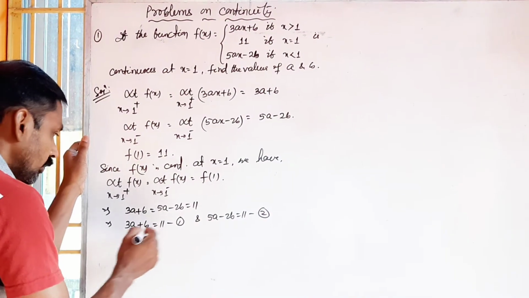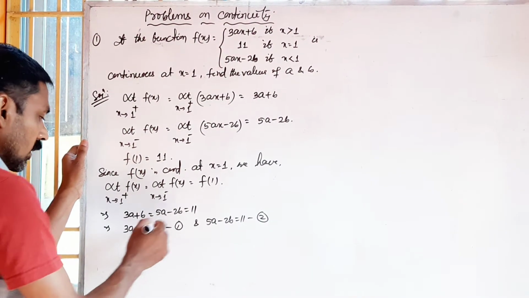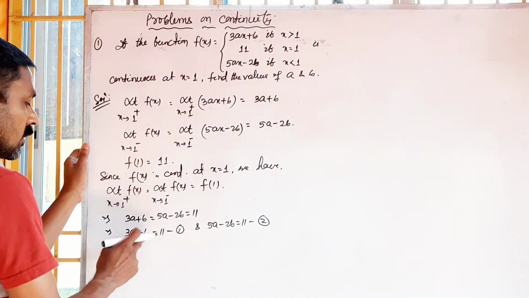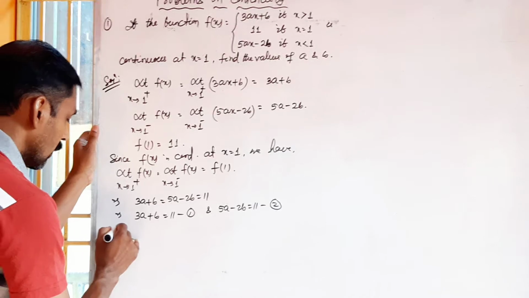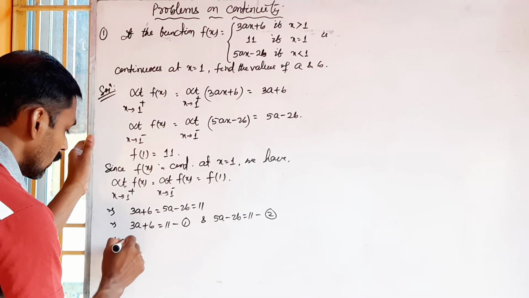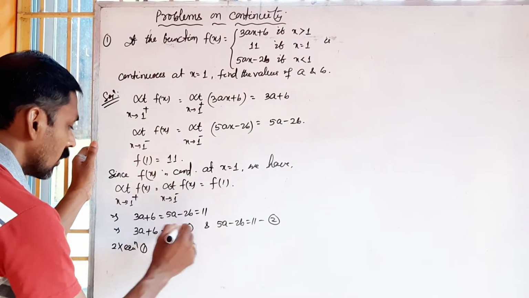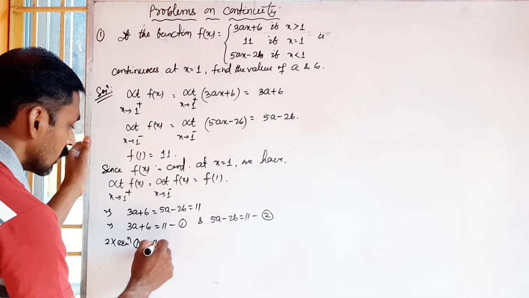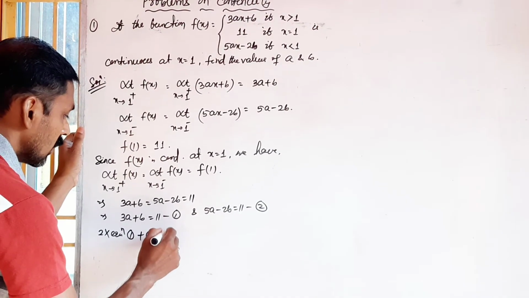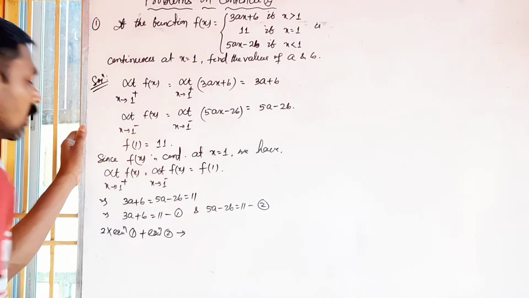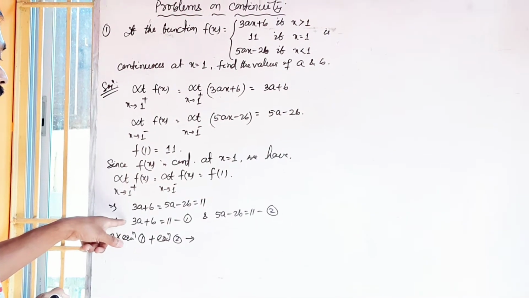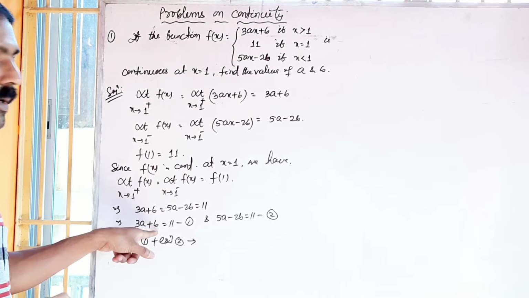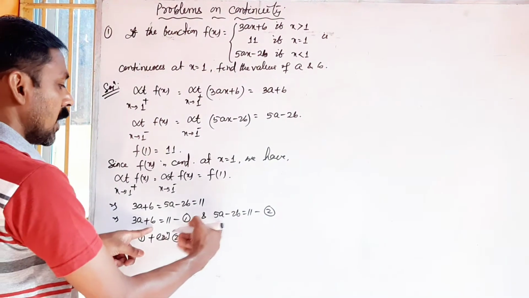So here we have minus 2b, and here b. So if we multiply equation 1 by 2 and add equation 2: 2 into equation 1 is 6a plus 2b, and equation 2 is 5a minus 2b.